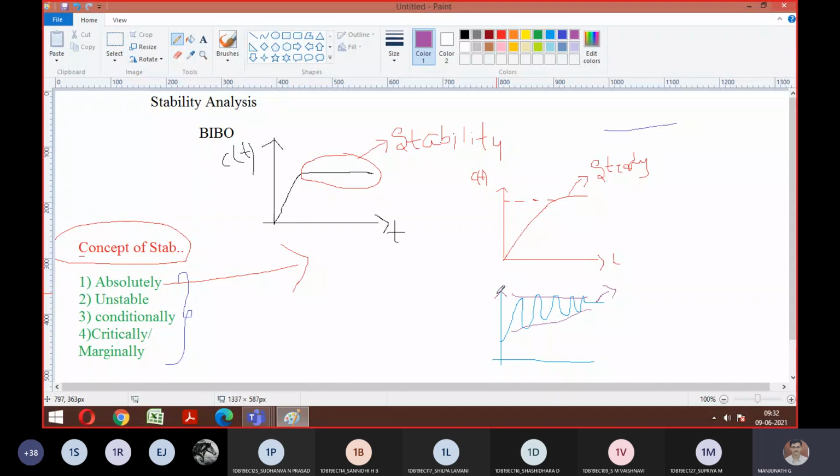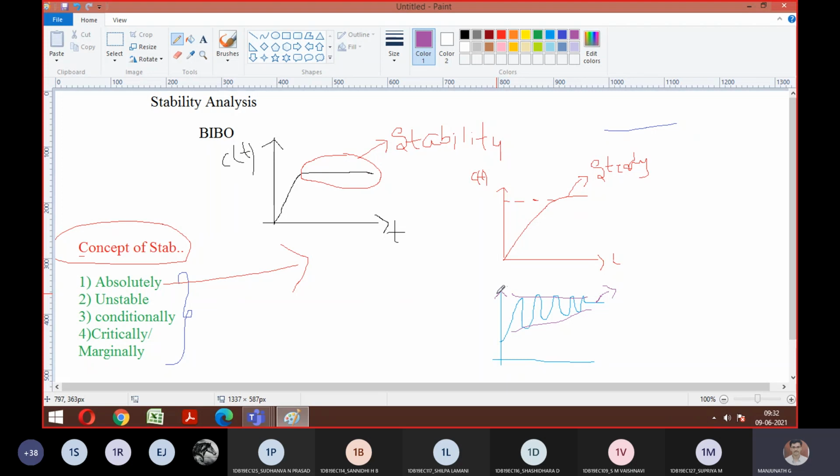After writing this graph, you need to write a statement. A system is said to be stable. So I hope you remember in signals there is a concept. If it follows your BIBO, we are going to call it stable. So here there are two conditions to be understood.